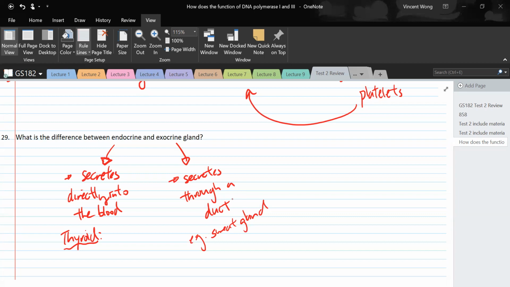The pancreas is both an exocrine gland and an endocrine gland. So some things have a duct. If it does, we call it an exocrine gland. If it doesn't, we call it an endocrine gland. And if there's a duct, then it's going to be surrounded by those simple cuboidal cells that we were talking about, right?